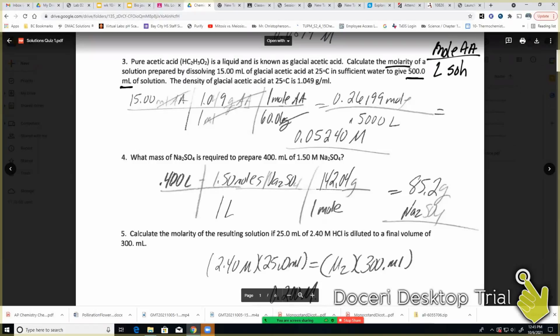And if you thought that's what you needed, then you had your information to get that, because you have 15 mils of the acetic acid, and then I gave you the density. So that would have gotten it to grams. And then once you got it to grams, then you use your molar mass to get it to moles.